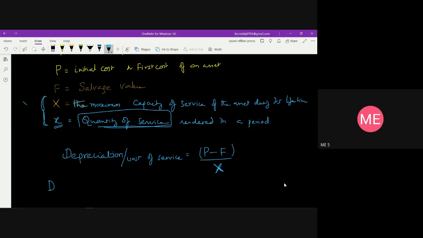Suppose the quantity of service is small x units in a period.